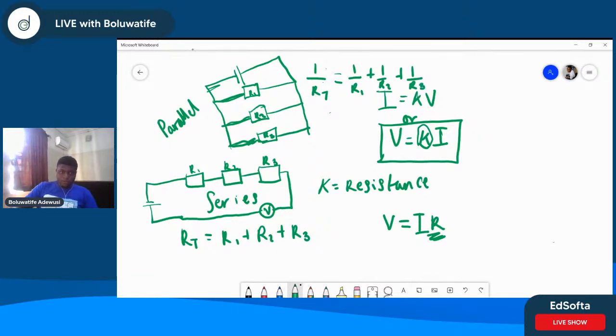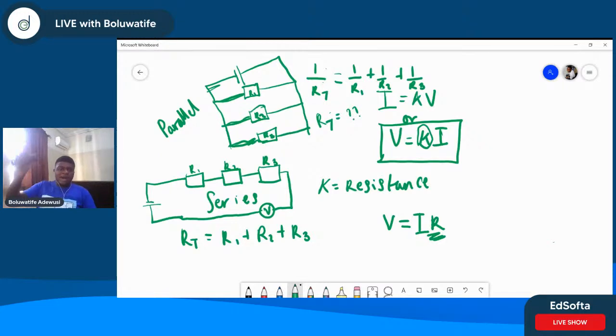So once you've added everything here, you now find the inverse, so that you have something like this: RC is equal to something.